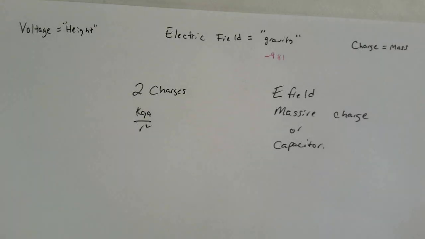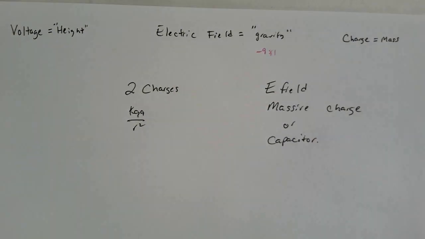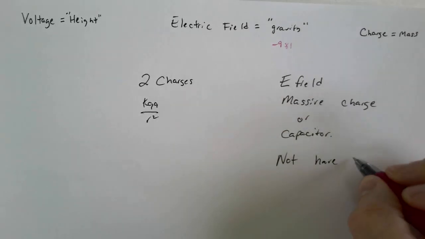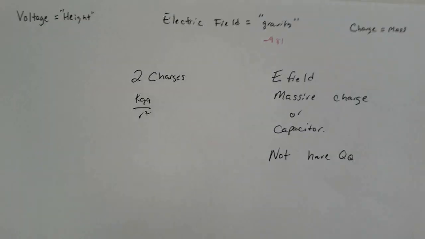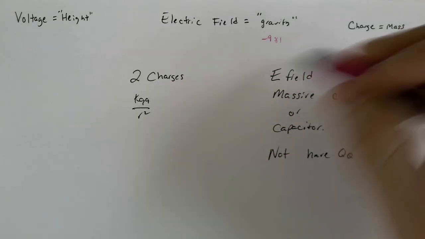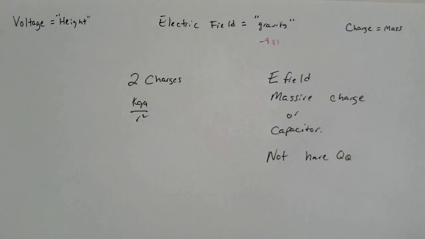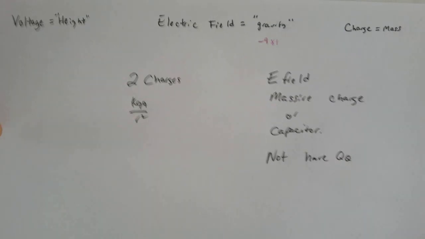If you don't have two charges, then you have to use different formulas, sometimes with capacitors, sometimes with other ones, but those formulas will not have two Qs. It'll only have one, all right? So that's an important distinguishing difference there. And typically, the Q of the big thing will be uppercase, and the q of the small thing, called a source charge, would be a lowercase q.